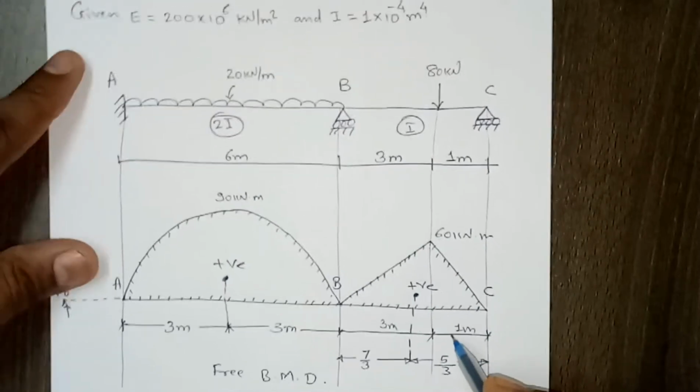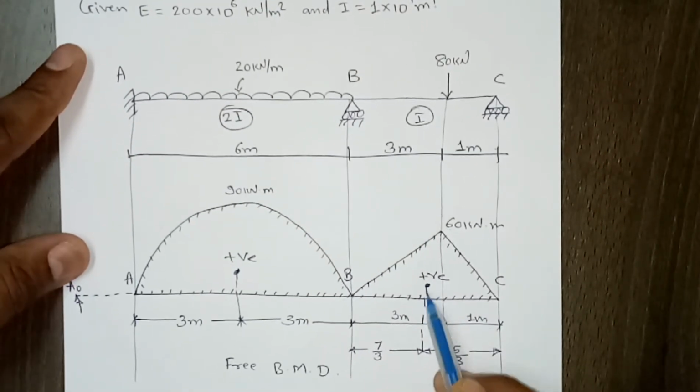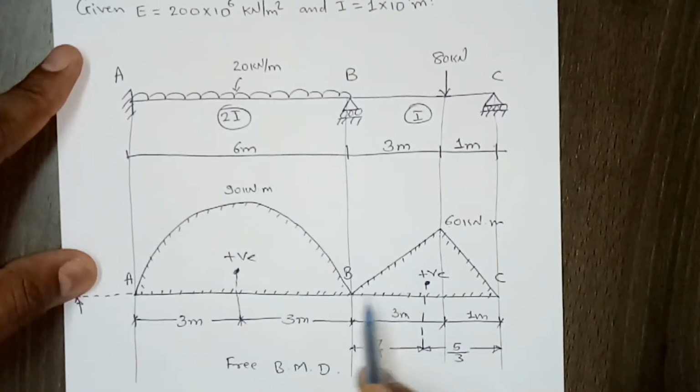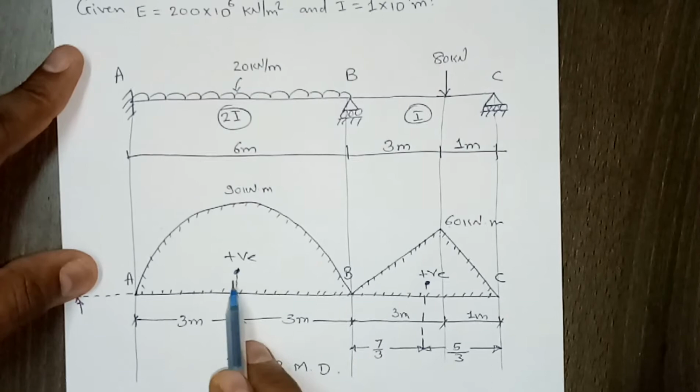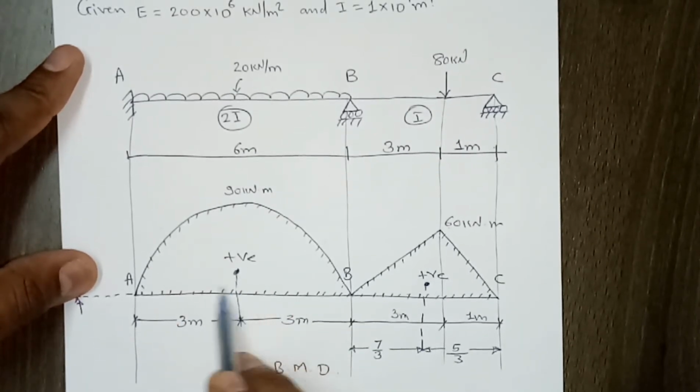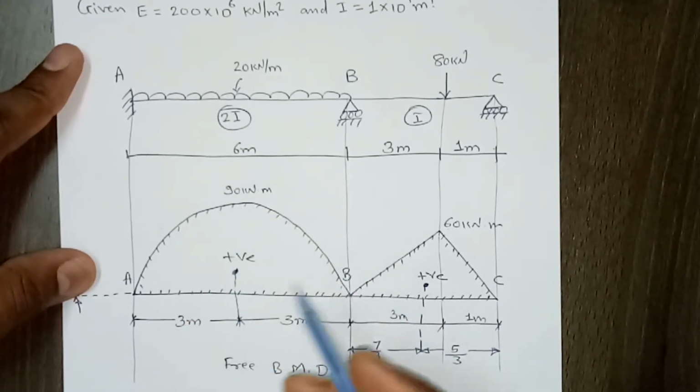Another important thing is that we should know the centroidal distance from the support of this bending moment diagram. For the parabola it is quite easy, since it is symmetrical, so directly we can write it should be the span by 2.